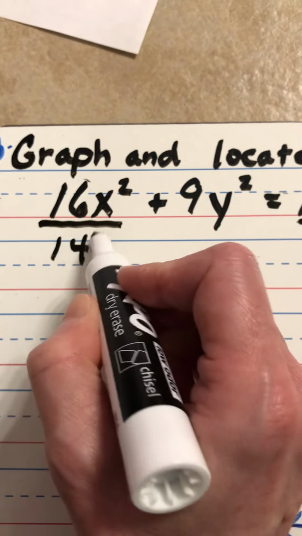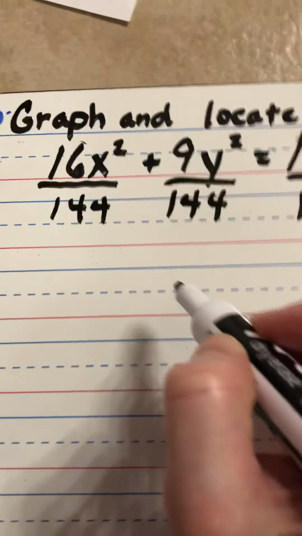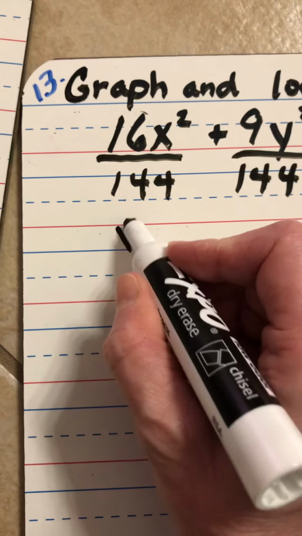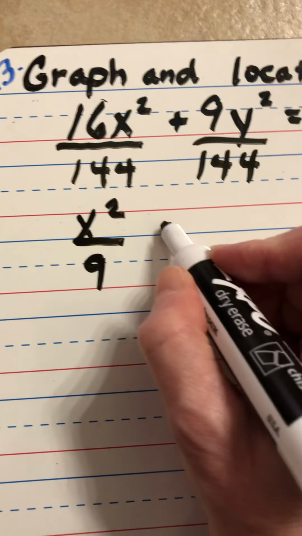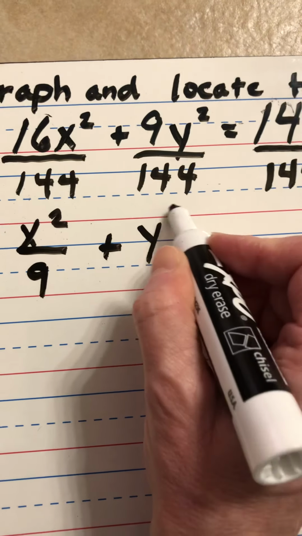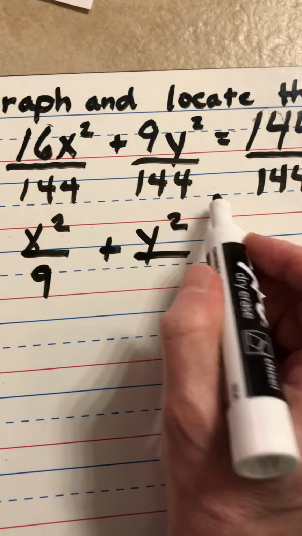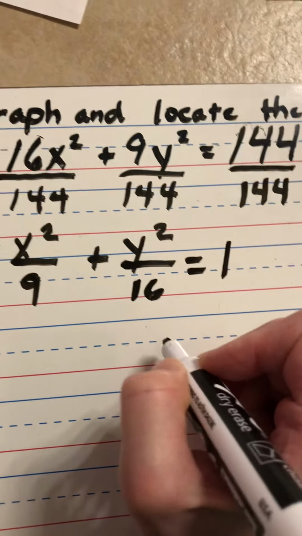So putting this into lowest terms, it's going to be x squared over 9 plus, putting 144 into lowest terms, y squared over 16 equals 1.